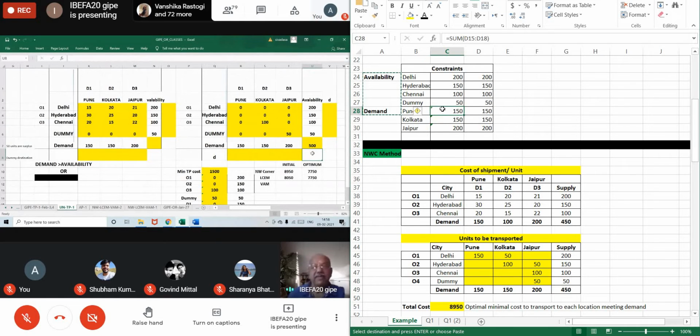Again find the difference. Now Chennai and Dummy don't have a difference. 20 and 15, 5. 20 and 25, 5. 15 and... which number here?